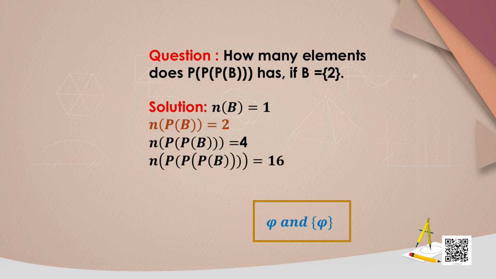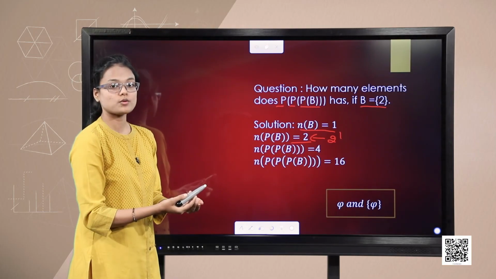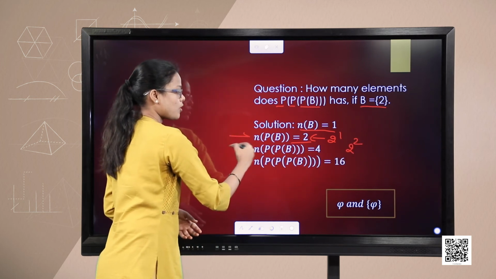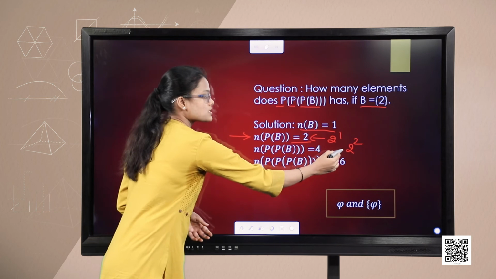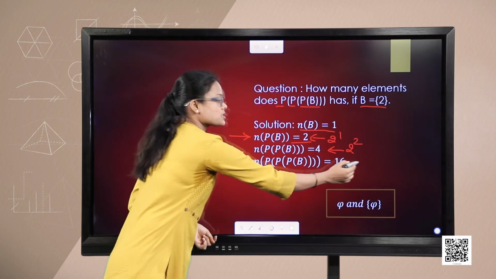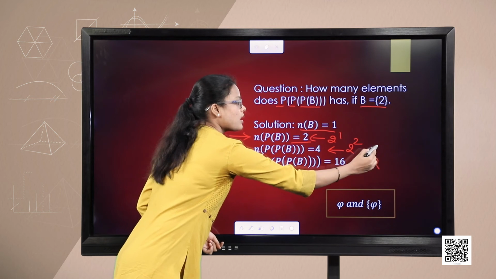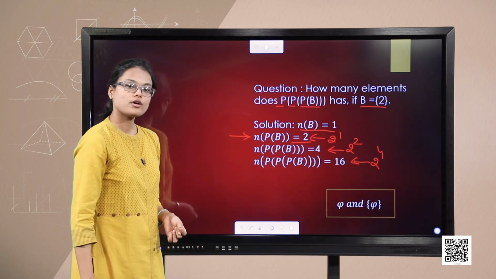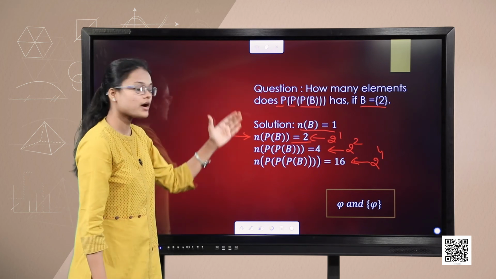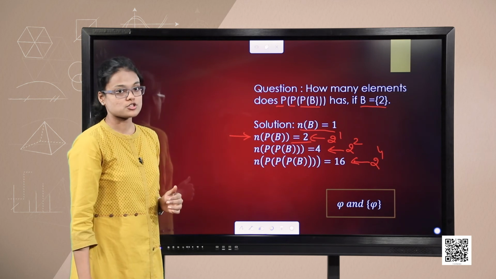So, the number of elements in the power set of the power set of B will be 2 raised to power 2, as we can see and observe from the previous step. This gives us 4. Lastly, what we wanted, the number of elements in the power set of the power set of the power set of B, gives us 16. How? 2 raised to power 4, which gives us 16. Hope you have understood how you can find answers to such questions.